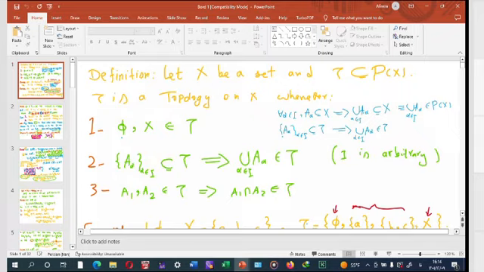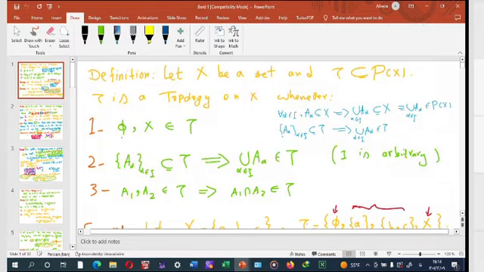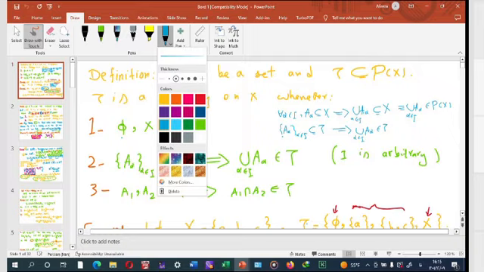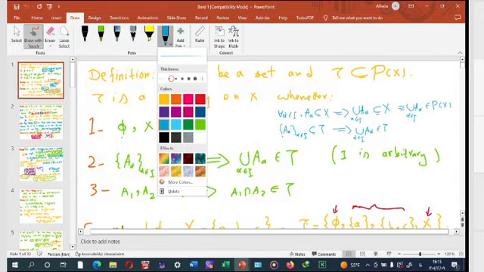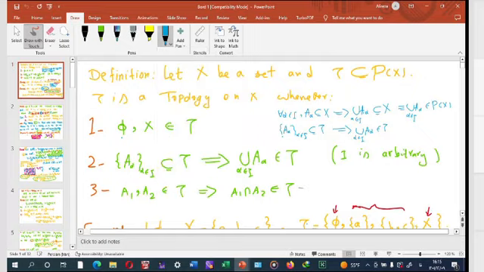It is trivial that condition 3 is equivalent to this.